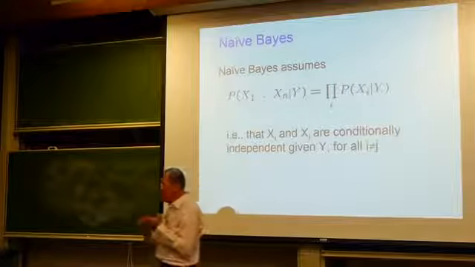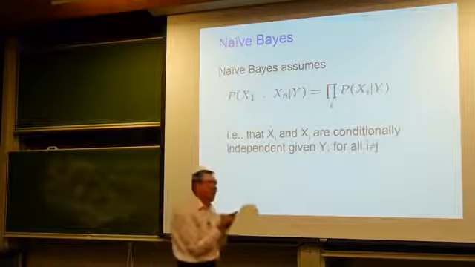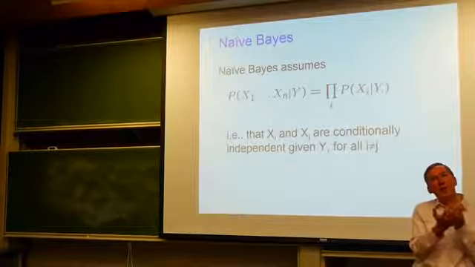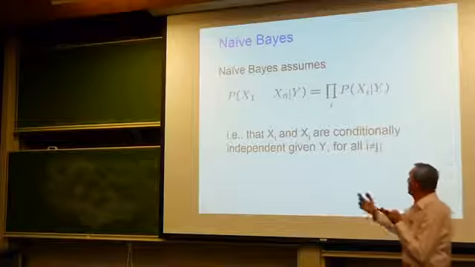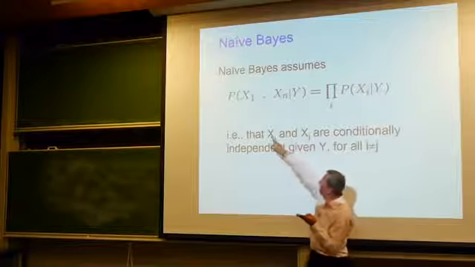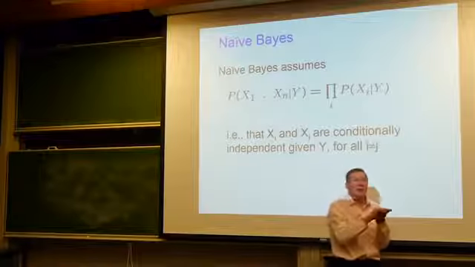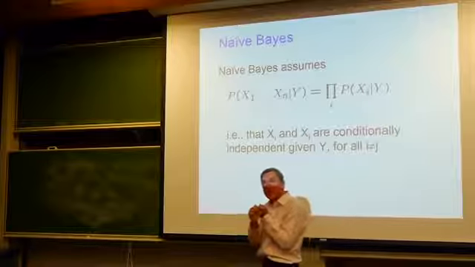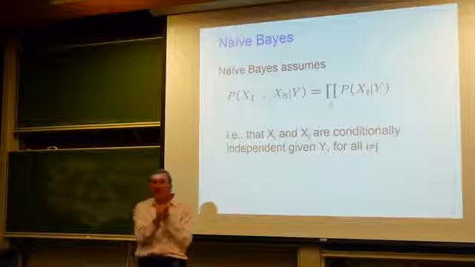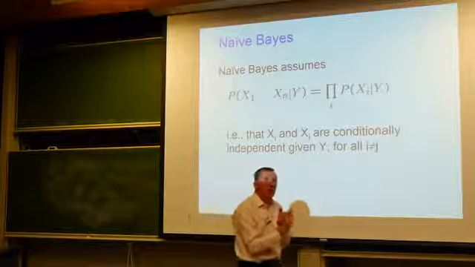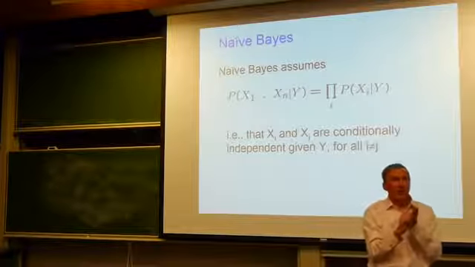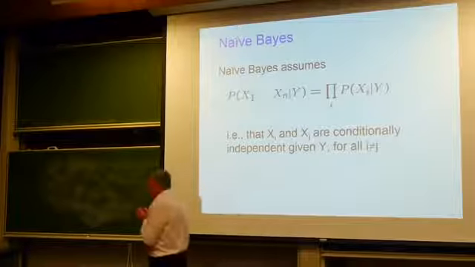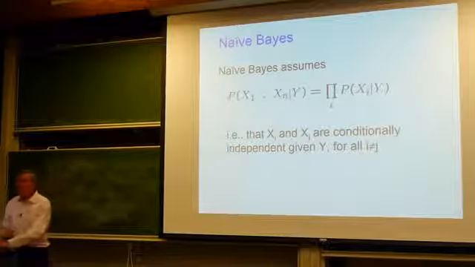Y was wealth, gender and hours worked were our two x's. So this is like saying the probability given wealth, that's y, of having a particular value for gender and hours worked is just the product of the probability given wealth of having a particular gender, times the probability given the same wealth of having a certain number of hours worked. Okay, so sometimes it's a reasonable assumption, and it is the basis for naive Bayes.